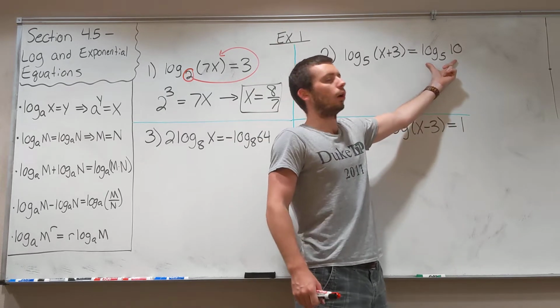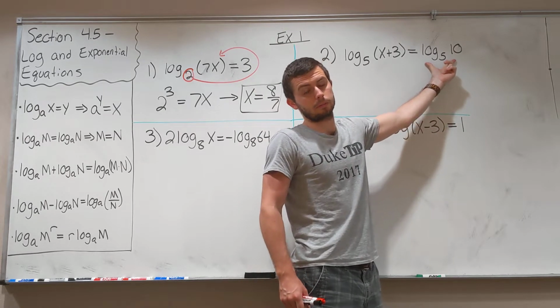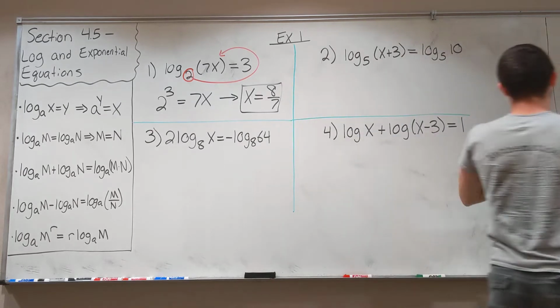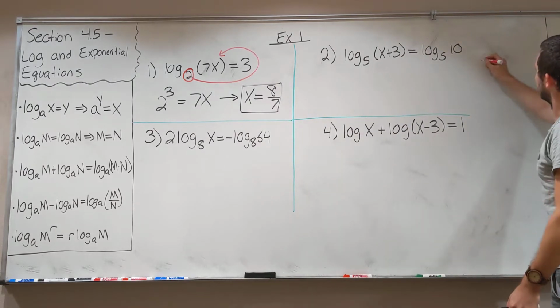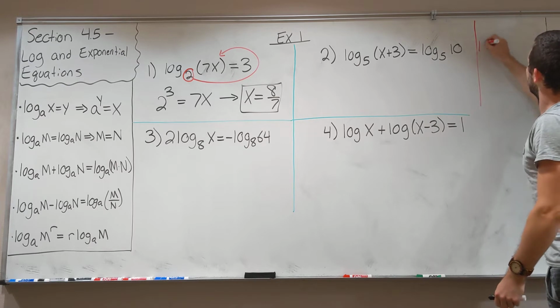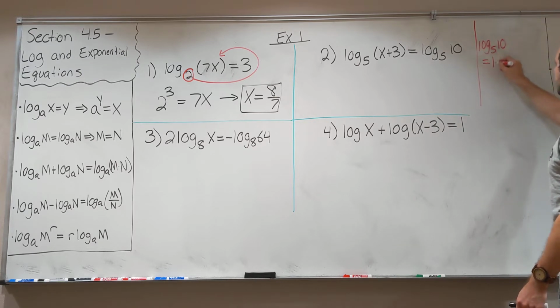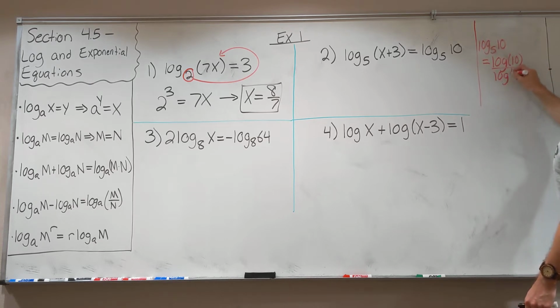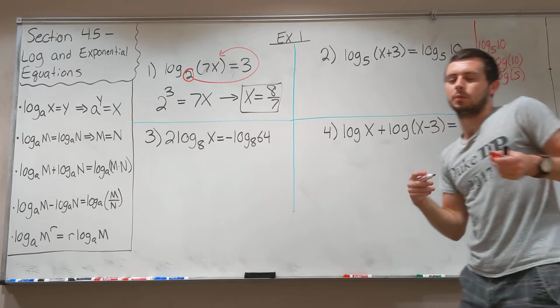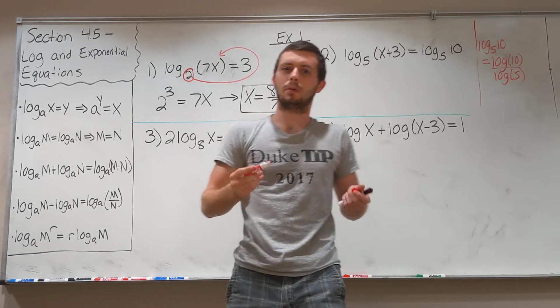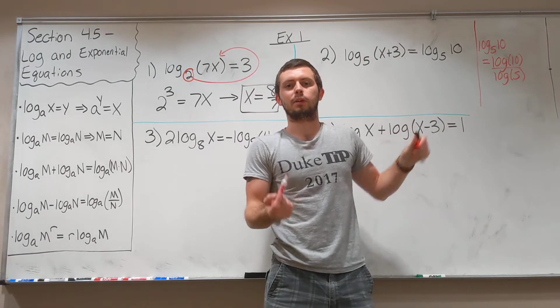I see log base 5 of 10 over here, so this is scratch work off to the side. Log base 5 of 10 is the same thing as log of 10 divided by log of 5. It might be worth asking yourself, does that simplify to something nice?